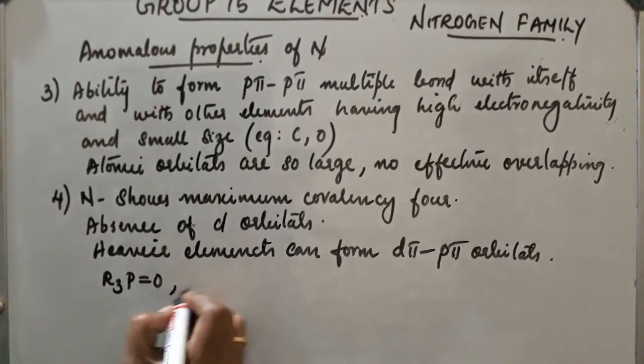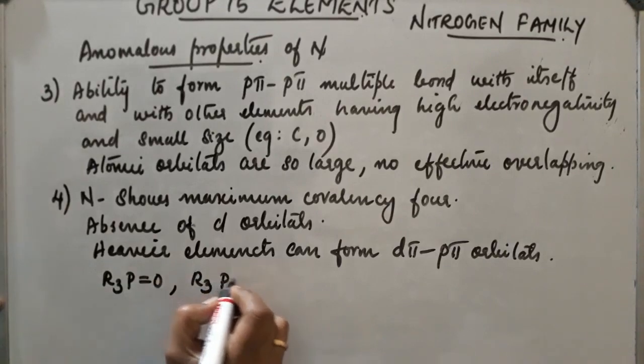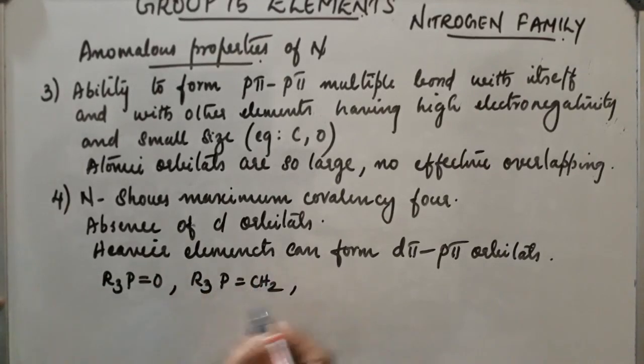Then R3P double bond CH2. Here, R means alkyl groups.